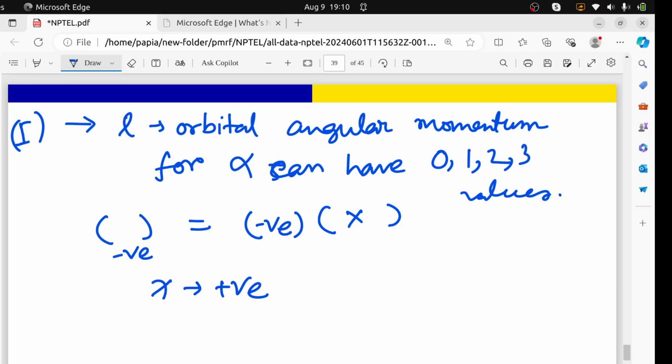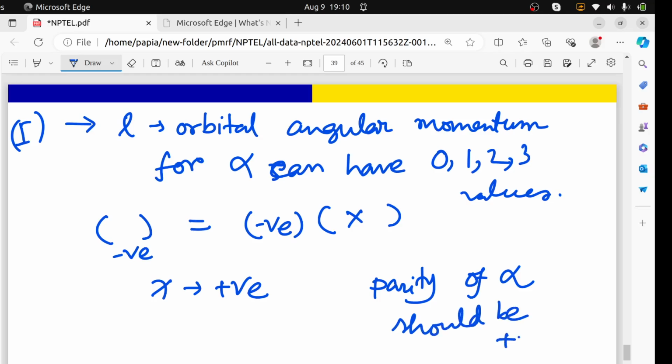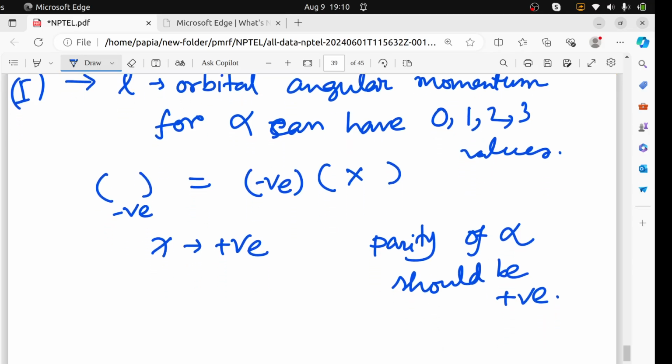Otherwise negative times negative will give positive. So the parity of alpha should be positive.